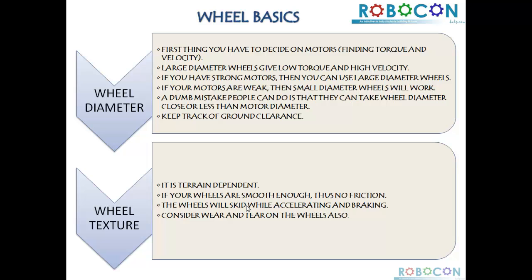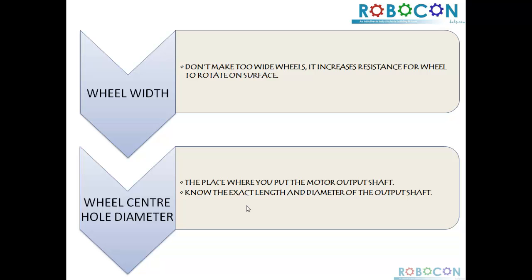Second is wheel texture. The texture of the wheel depends upon the terrain. If your wheels are smooth, with no friction, the wheels will keep skidding while accelerating and braking. Consider wear and tear on the wheels as well when you're making a wheeled robot. Next is the wheel width, or the thickness of the wheel.